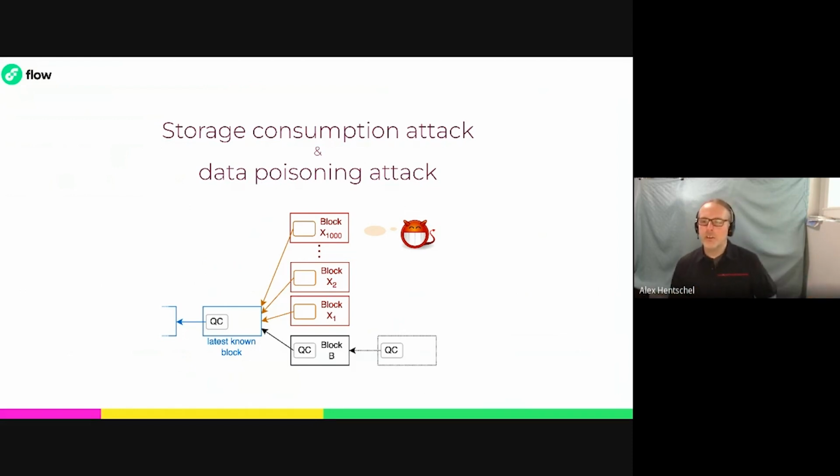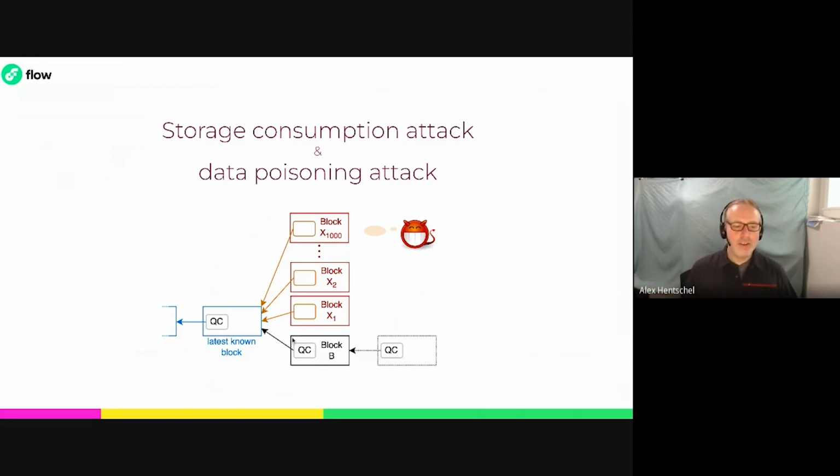Byzantine attacks. In this particular case, that's just an example: it's a storage consumption attack. Essentially, somebody is filling up the storage in your node with nonsensical data, and it could be used as a data poisoning attack. The idea here is that a malicious consensus node, and we assume such things will exist in the system, will just publish a bunch of conflicting blocks.